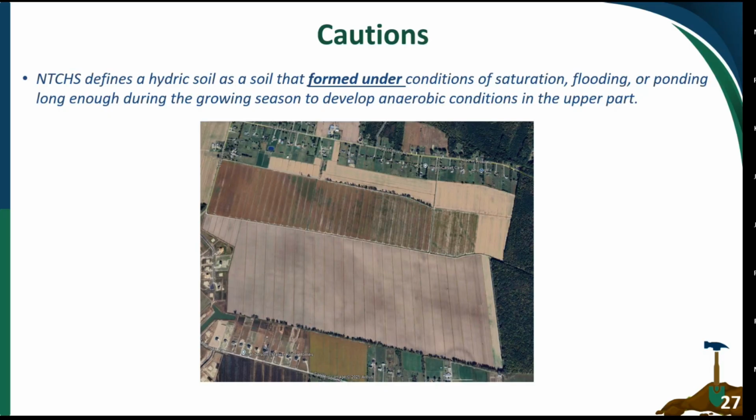Just realize that it may not support wetland hydrology and no longer support hydrophytic vegetation, but it can still meet the definition of a hydric soil because of the phrase in the definition, formed under. The hydric soil definition talks about the processes that have taken place and may or may not still be occurring.